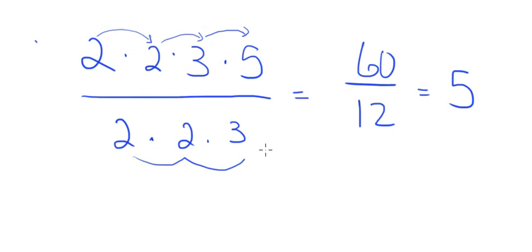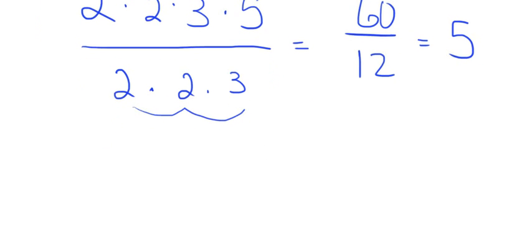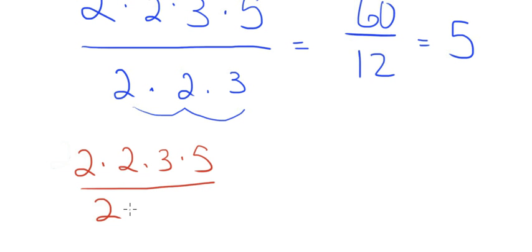Let me show you another way that we can do that problem. I'm going to rewrite it here, and let me change the color actually, so there's no confusion. We're doing a different way now. We've got 2 times 2 times 3 times 5 divided by 2 times 2 times 3. One way we can do this differently is by taking out the like terms.